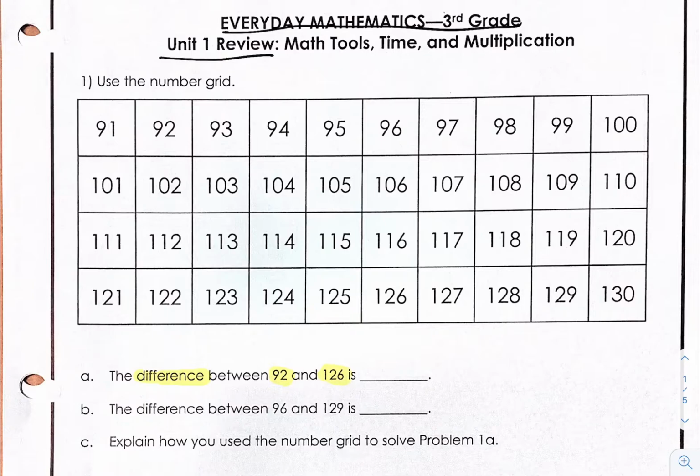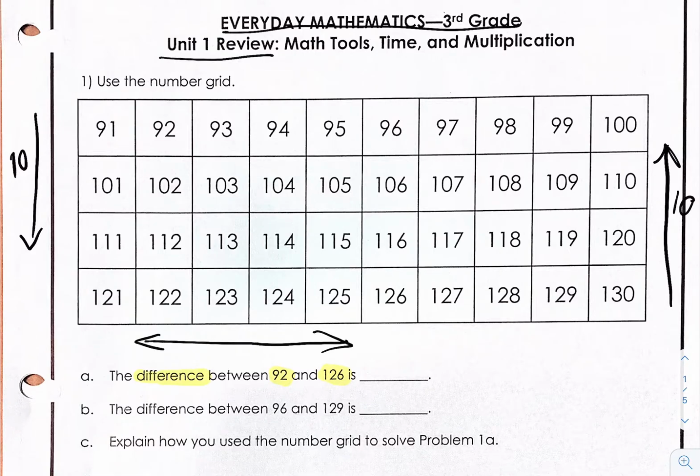Remember, you may want to use the number grid for jumps and hops. When we are going down, these are by tens, or if we're going up, we go by tens. But if we're going across each way, we're just going by ones.